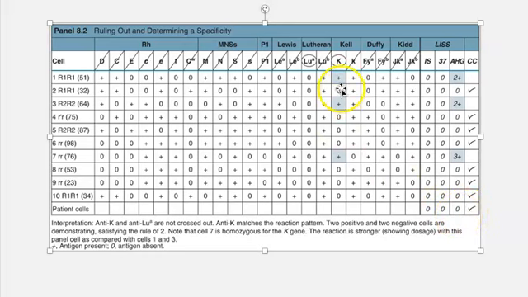And Kell does. We've got a positive, positive, negative, negative, positive, positive, negatives, negatives, positive, positive. So this pattern matches perfectly, and we're seeing dosage. So the big K and the little k get inherited together, but this donor has one of each. So that's heterozygous expression.